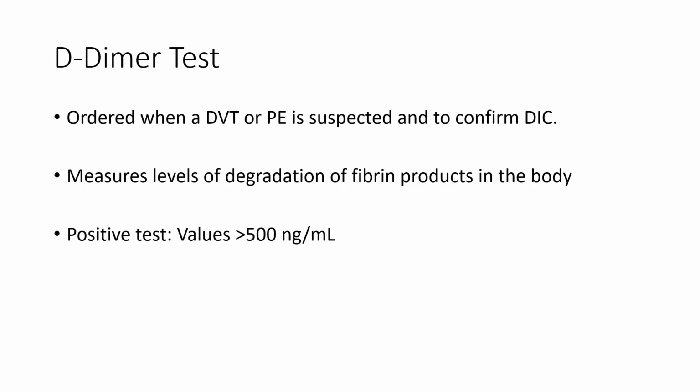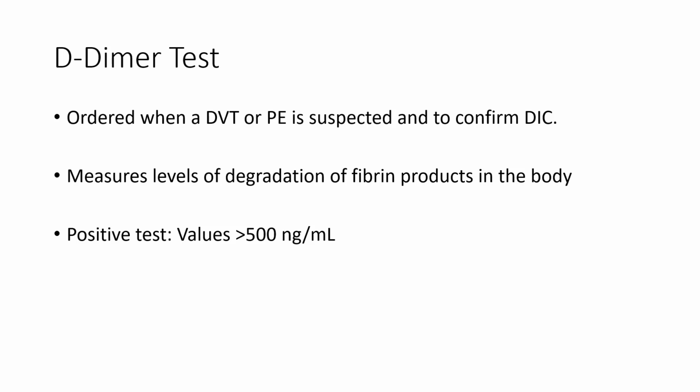D-dimer, we talked about this in the pulmonary embolism, DVT parts of this lecture. This is often used when this is suspected, again, because when we see D-dimer, it's a measure of degradation product from the breakdown of fibrin, which again occurs when we're remodeling a clot. It's part of that normal physiological process.